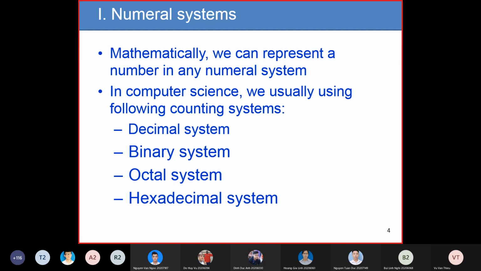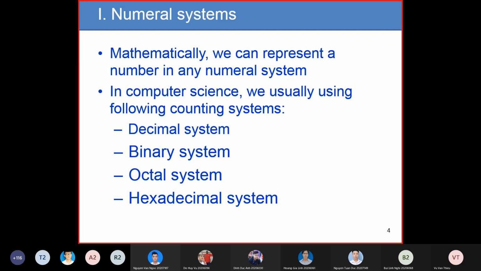And in computer science, the 4 popular numeral systems are: the decimal system, the binary system, the octal system, and the hexadecimal system. We talk about the decimal system because it is used in real life every day, right? The binary system is the system that the computer can understand. The computer can understand only the binary system.